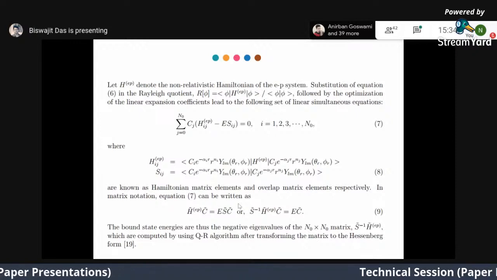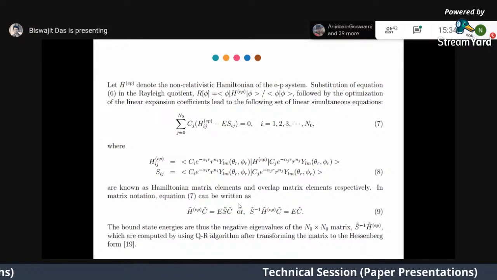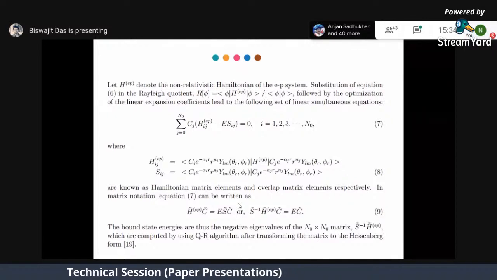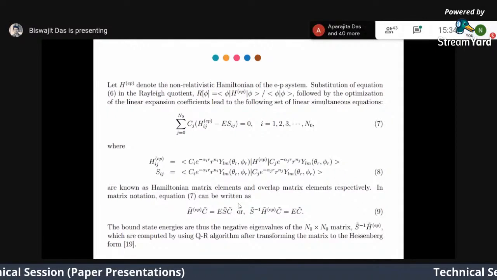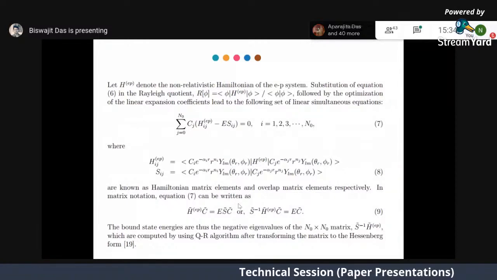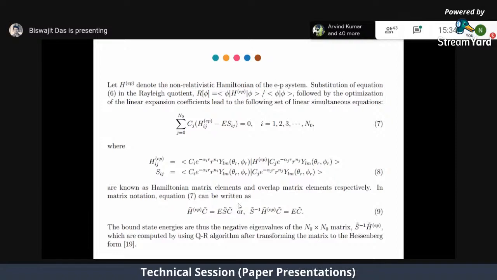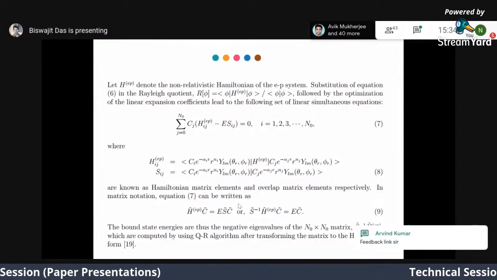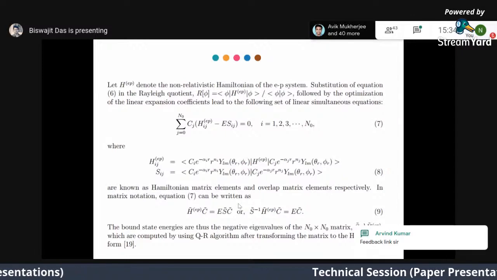In matrix notation, equation 7 can be written as equation 9. The bound state energies are thus the negative eigenvalues of the N0 by N0 matrix S inverse H, which are computed by using the QR algorithm after transforming the matrix to a Hessenberg form.